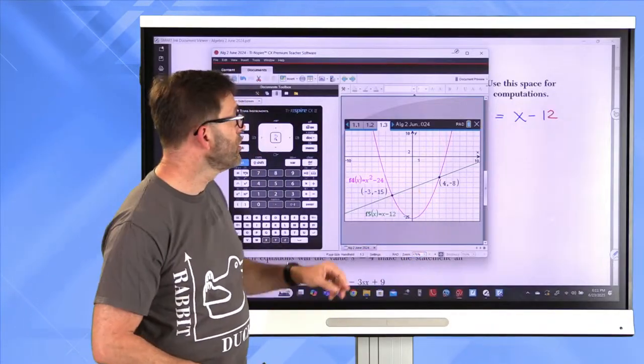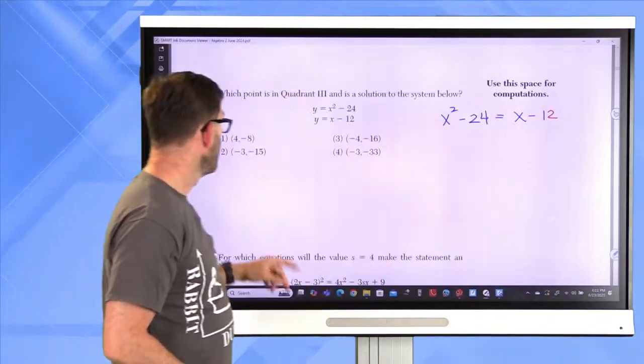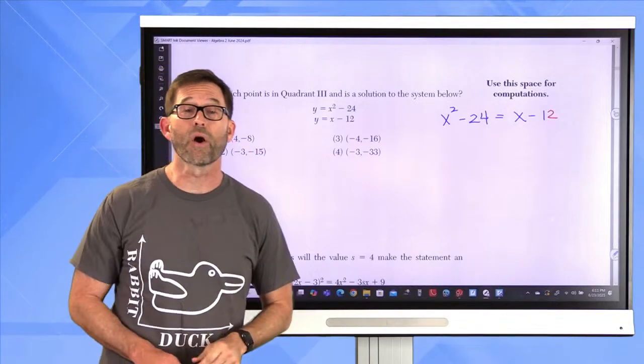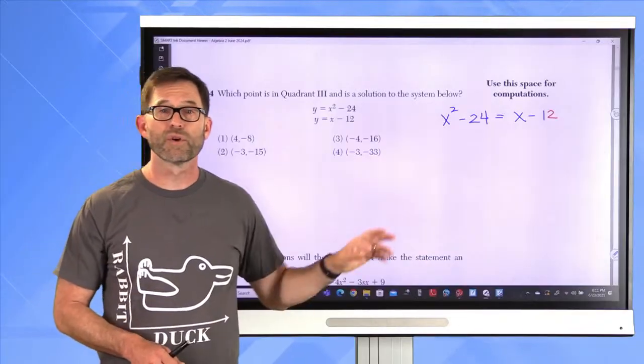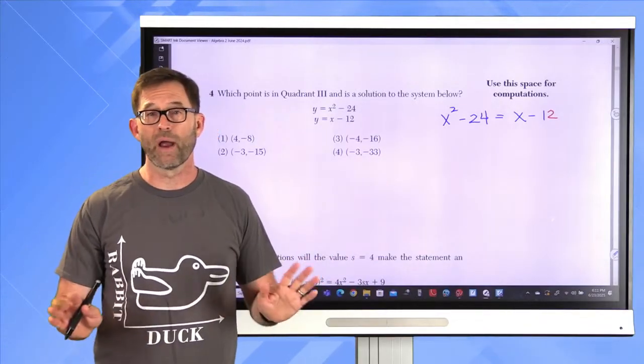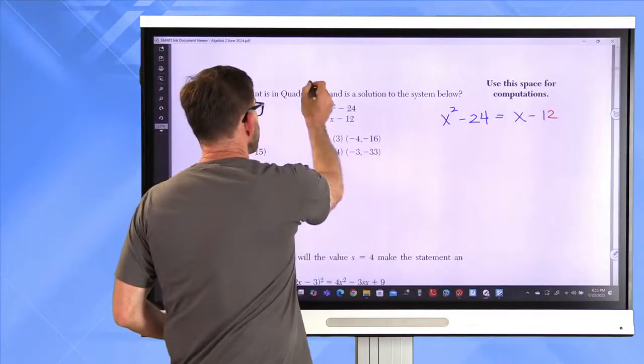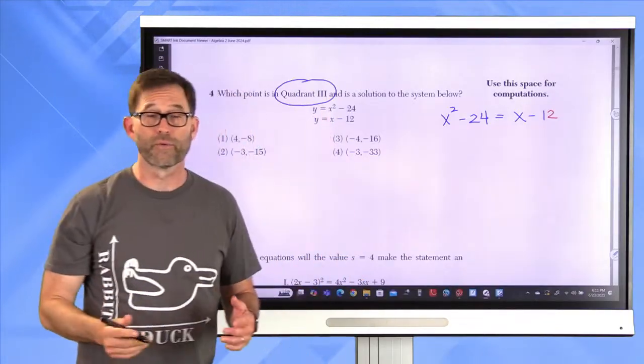Now, one thing that's a little bit dicey in this problem is that 3, -15 and 4, -8 are both choices. So right away, choice 3 and choice 4 are out. Then the issue becomes, which one of these is in quadrant 3?